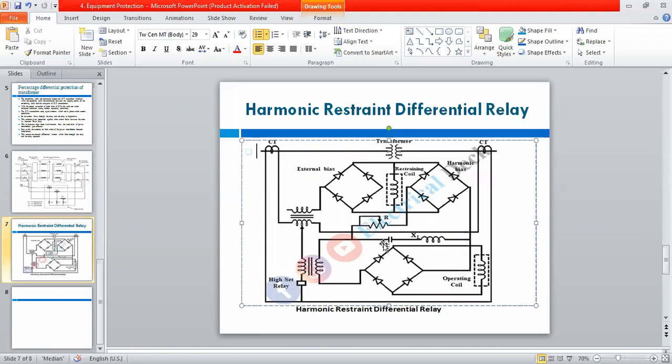Means one capacitor and one inductor is connected here. These are used as filters.